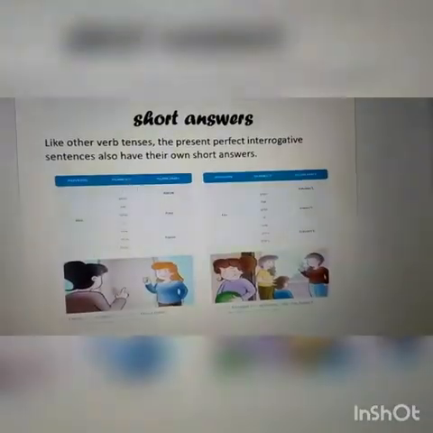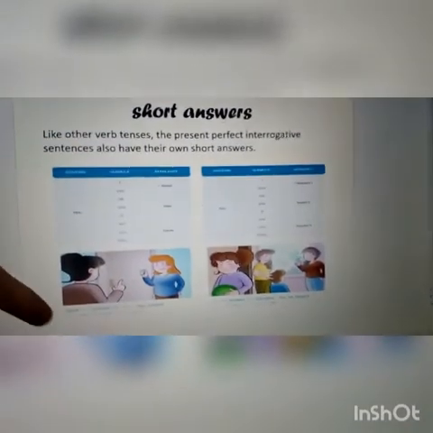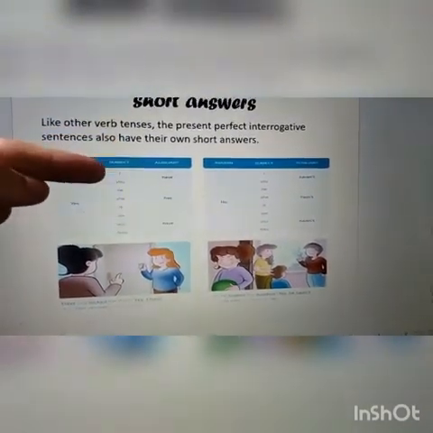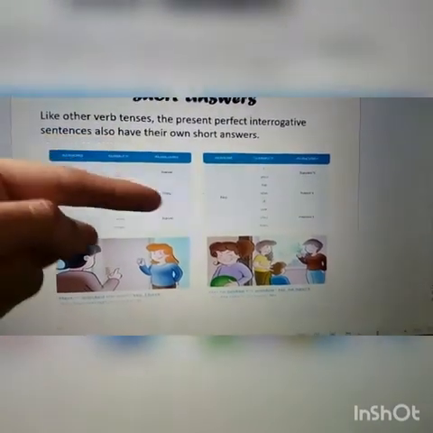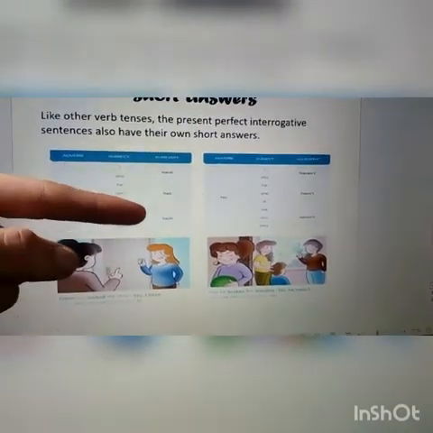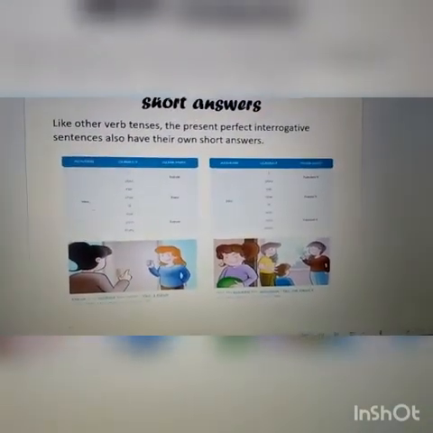Short answers. Like other verb tenses, the present perfect interrogative sentence also has its own short answers. Short answers in affirmative: adverb is yes, subject I, you, we, you, they, with auxiliary have, and he, she, and it, with auxiliary has. Example, have you looked at the door?